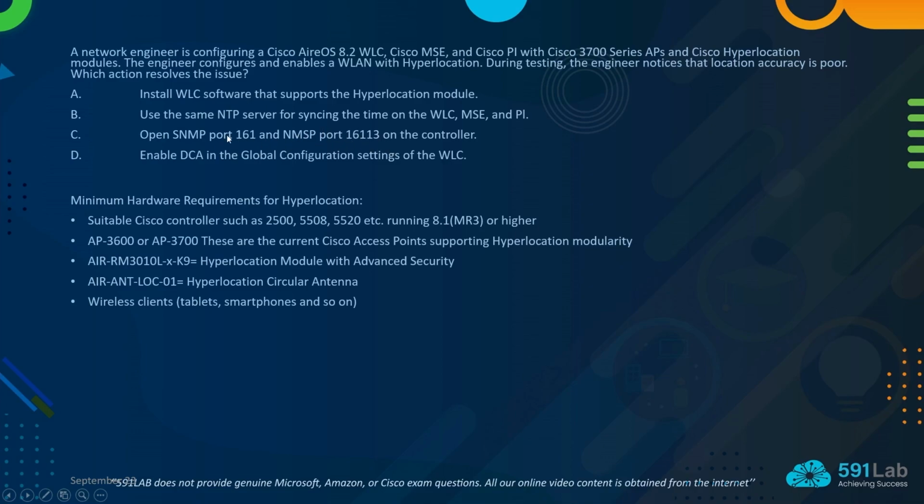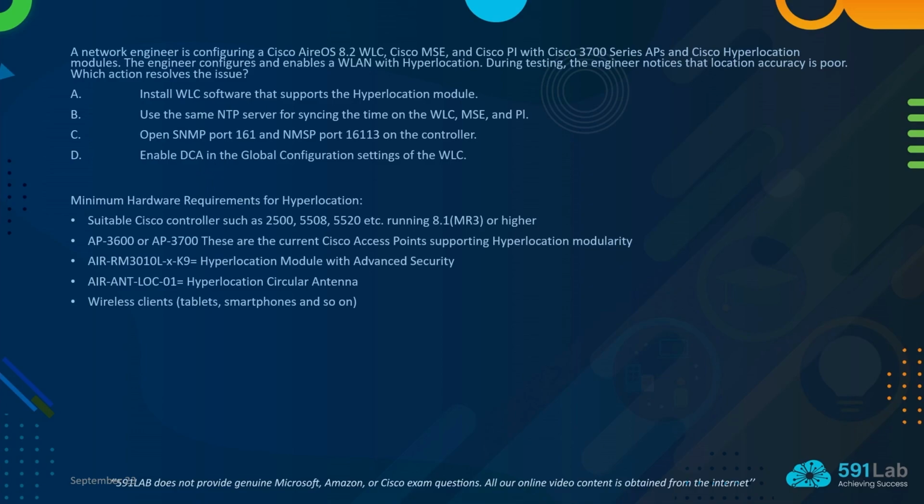The ports are not the issue, because we are getting the information, just not very accurate. If we did not get any hyperlocation information, then we would know that some ports might not be open.